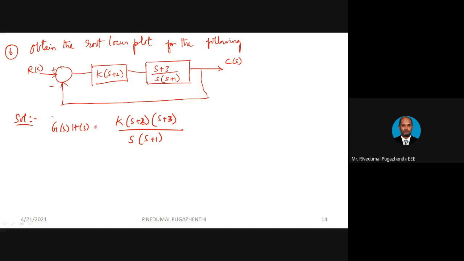The number of zeros m is equal to 2. How did you get it? (s+2)(s+3) is equal to 0, which provides s equal to minus 2 and minus 3. These are zeros. You obtain them from the numerator polynomial.